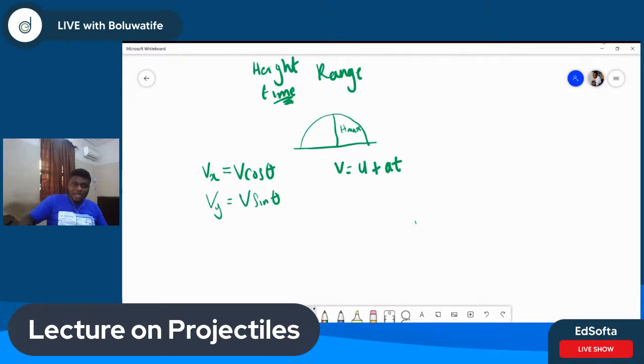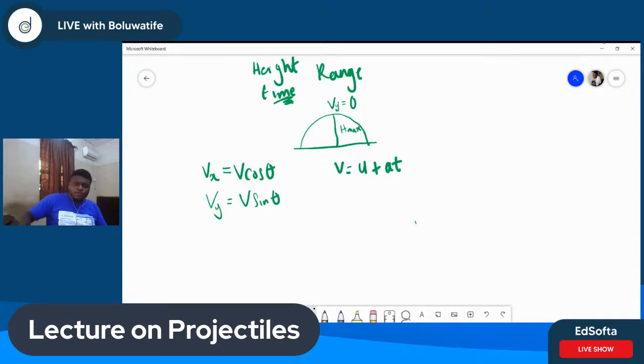As you notice, it starts with an initial velocity, right? And at this point, Vy, which is the final velocity, becomes 0. So it starts off with an initial velocity, and when it gets here, it stops accelerating upward at this point. So the final velocity is 0.